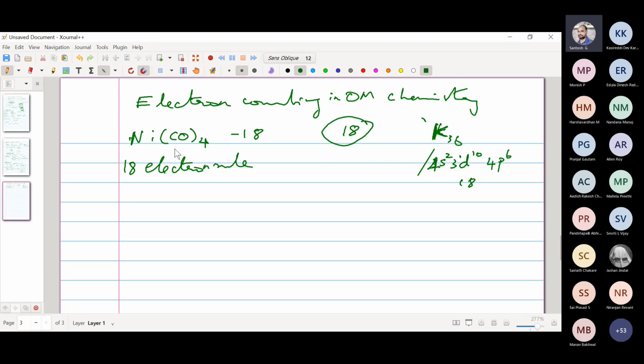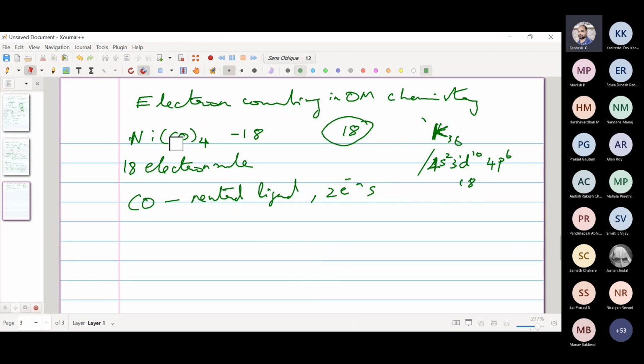Carbon monoxide is considered to be a neutral ligand, and in its donation to nickel, it is considered to donate 2 electrons per carbon monoxide, just like your coordination chemistry that you had studied in the past. Only thing is you never counted the electrons, but in the case of organometallics, you count the electrons. So carbon monoxide is a neutral ligand capable of donating 2 electrons, just like your ammonia or water molecule. I hope you guys remember.